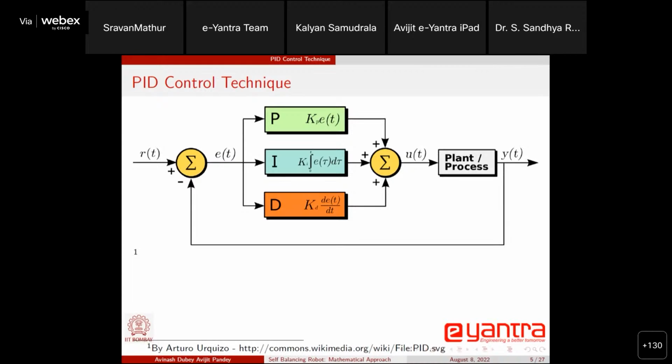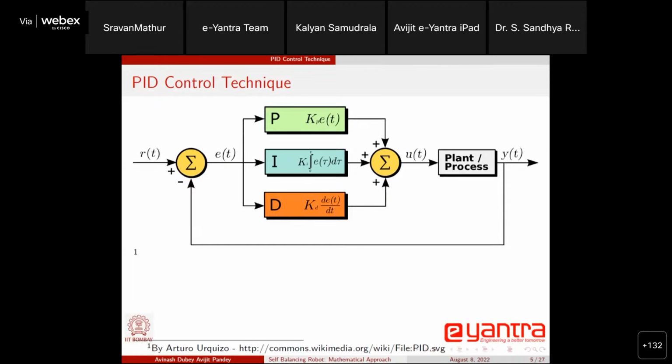So for that, we use three types of gains, which are called proportional gain, derivative gain, and integral gain. KP is known as the proportional gain, KI is known as the integral gain, and KD is known as the derivative gain. So how does this work? We first start by introducing the KP, the proportional gain, which is proportional to the error in the system.